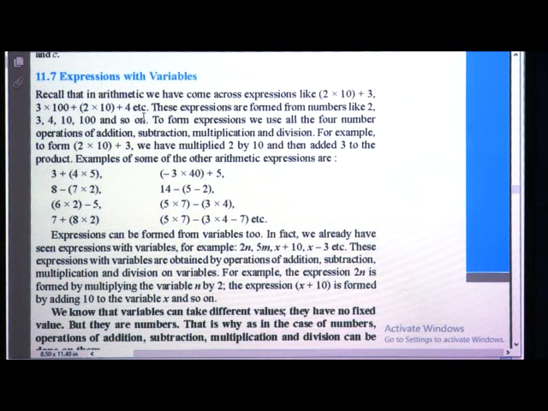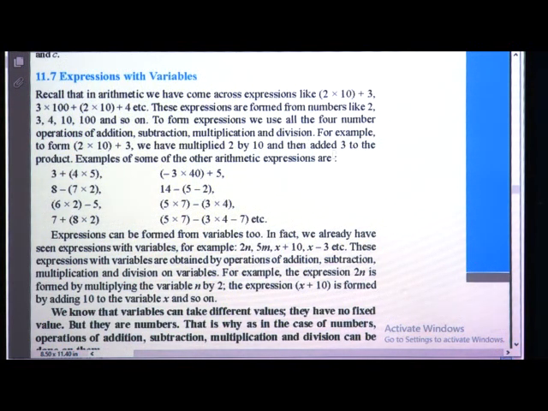These expressions are formed from numbers like 2, 3, 4, 10, 100 and so on. As many numbers as needed can be used for forming an expression. To form expressions, we use all 4 number operations of addition, subtraction, multiplication and division.